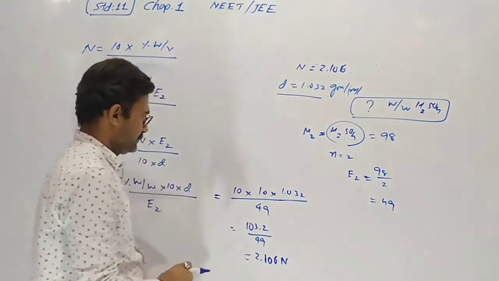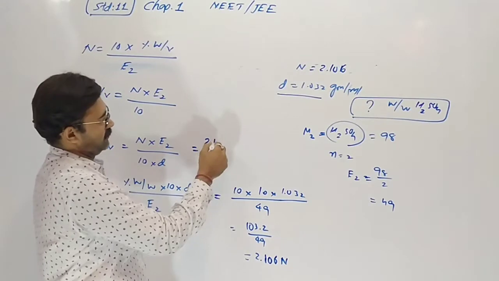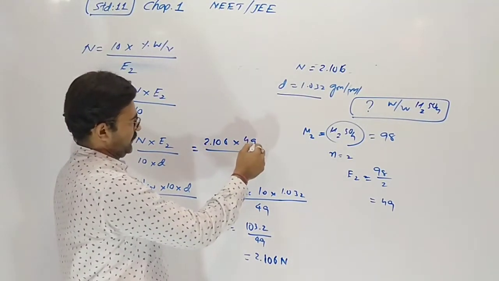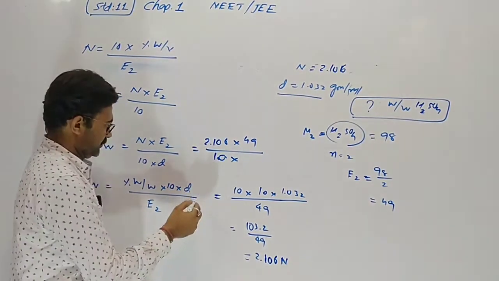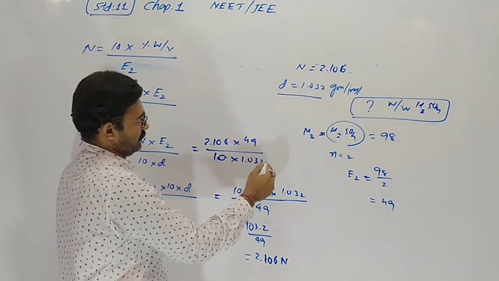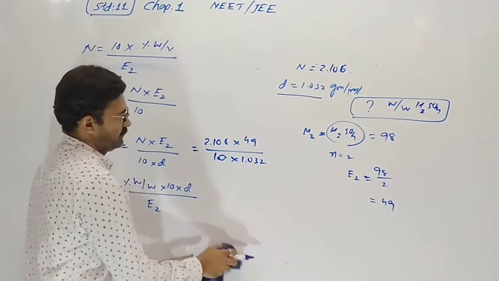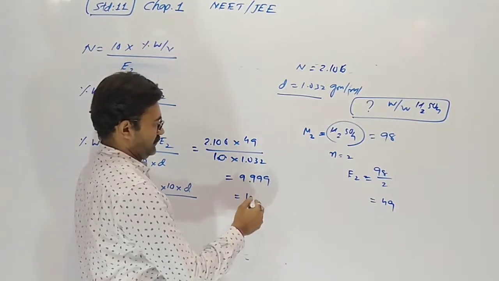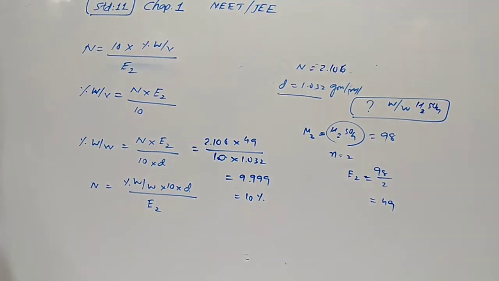So here, directly, normality 2.106 into equivalent mass 49 divided by 10 into density 1.032. So it comes to 9.999, rounded off, 10% is our answer.